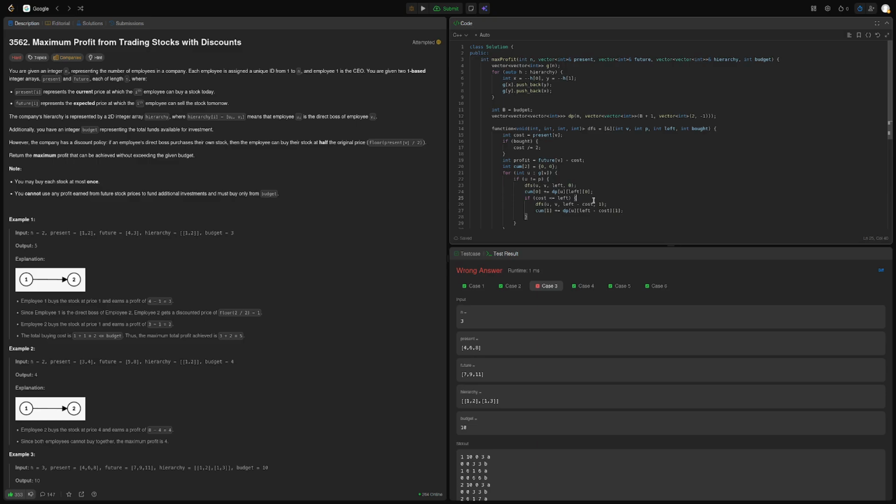If this is even buyable, then we want to try to buy this. But what is the most we can buy within the budget? That's a mini knapsack in and of itself. So let's change this so that come 0 is this, and come 1 is a vector of int, with pushback.